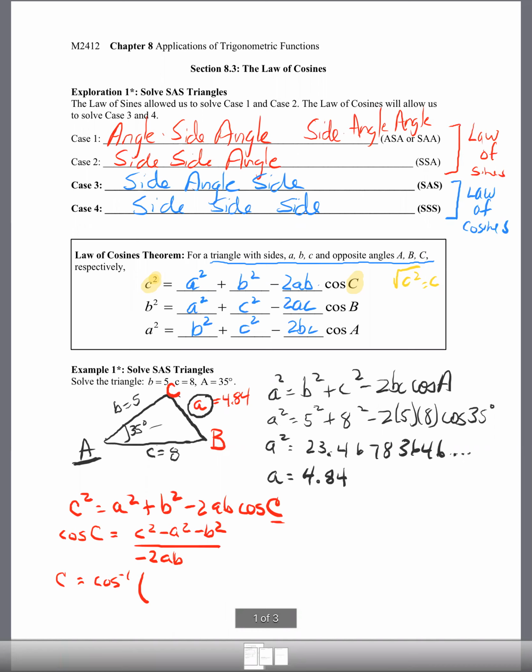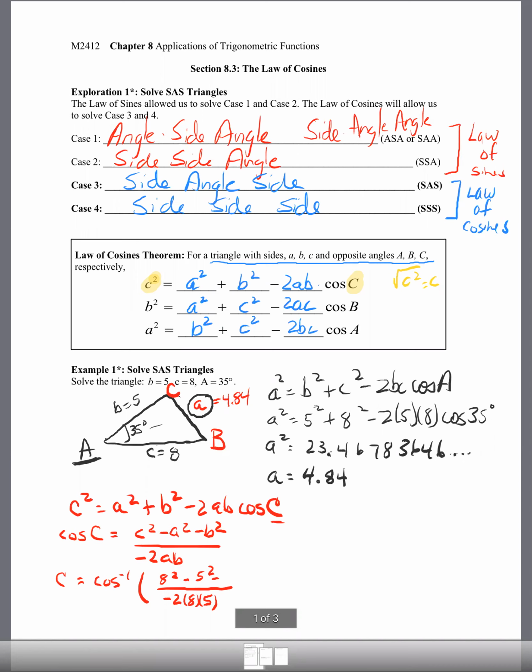My C value was an 8, so it's 8 squared minus 5 squared minus 8 squared, and that's all going to be divided by -2 times 8 times 5. And I think I have one of these wrong. Yeah, I do. There's no reason to use 2 8s there, that's for sure.